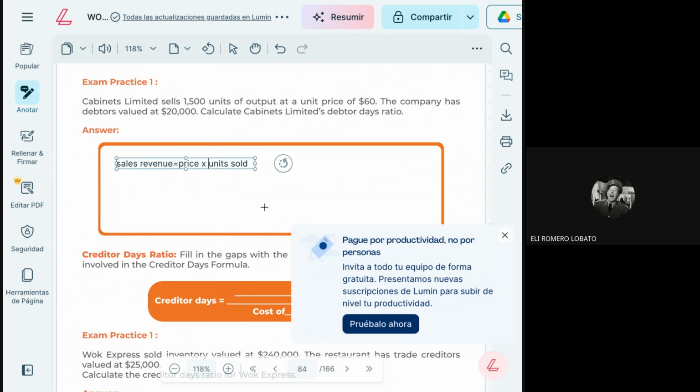That's why we will have as follows. $60 times 1,500 units. That's why we got $90,000. So using the debtor days ratio, the average debt collection period should be as follows.